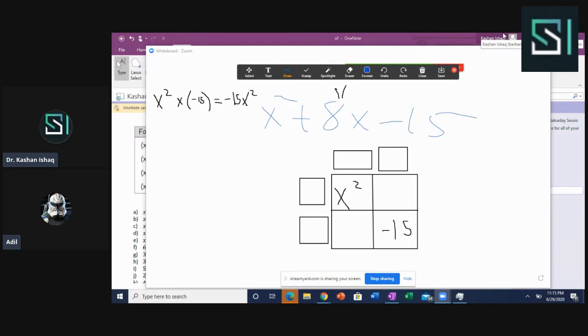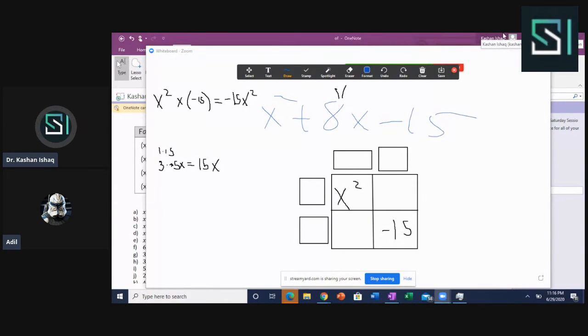That doesn't work. Try something else. 2 doesn't work. 3 would work. Maybe 3 times 5, right? So basically 3x times 5x gives you negative 15x squared. But does that add up to 8x? 5 and 3, does that add up to 8x? Yes.